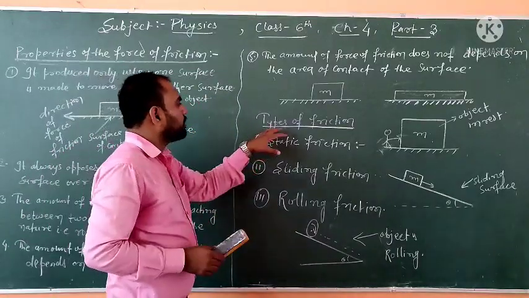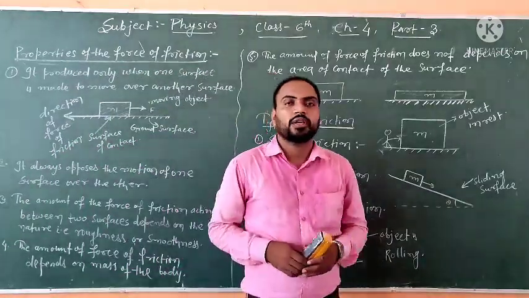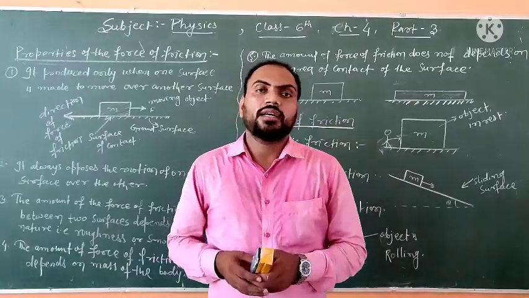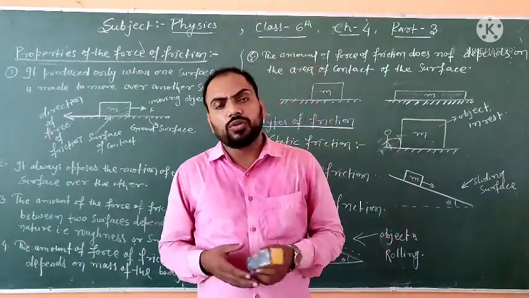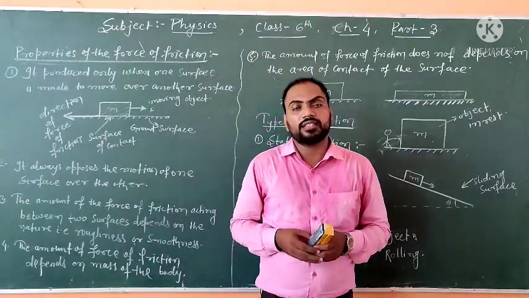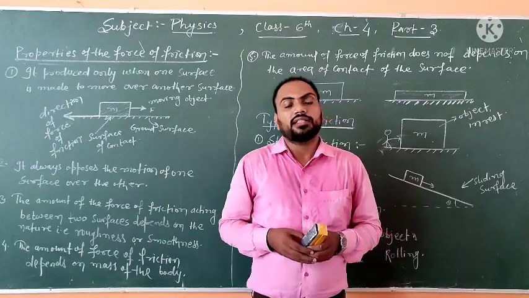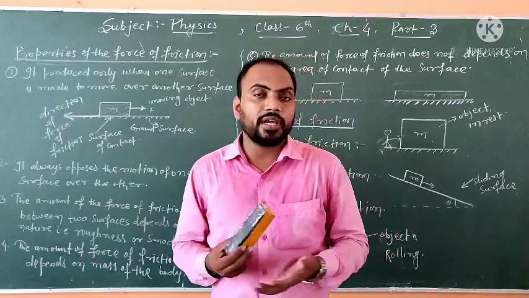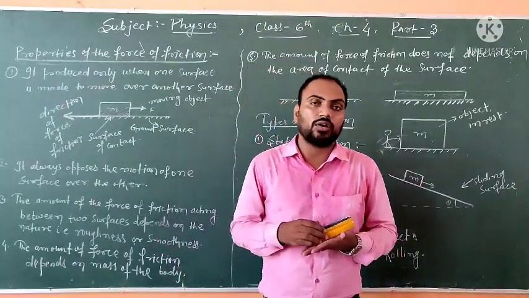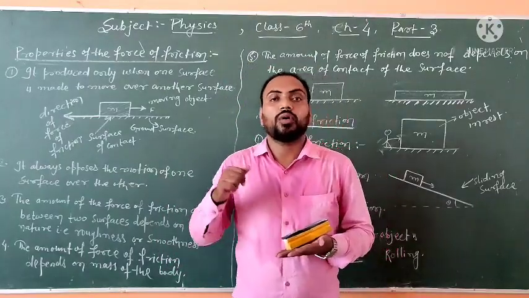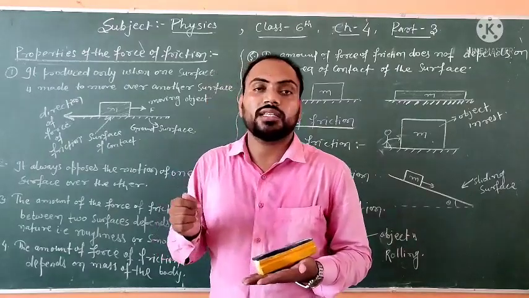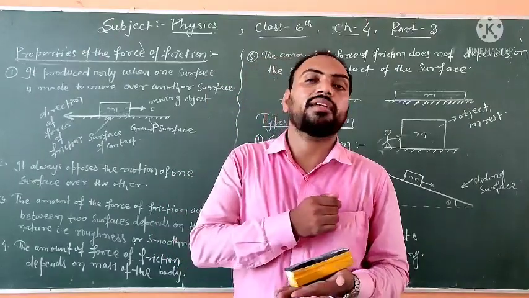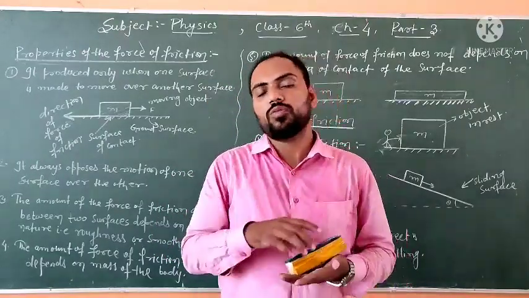Now I am coming to the point, types of friction. To understand, as we know, friction is the force applied or appearing in the contact of two bodies only when there is a relative motion between the two bodies.